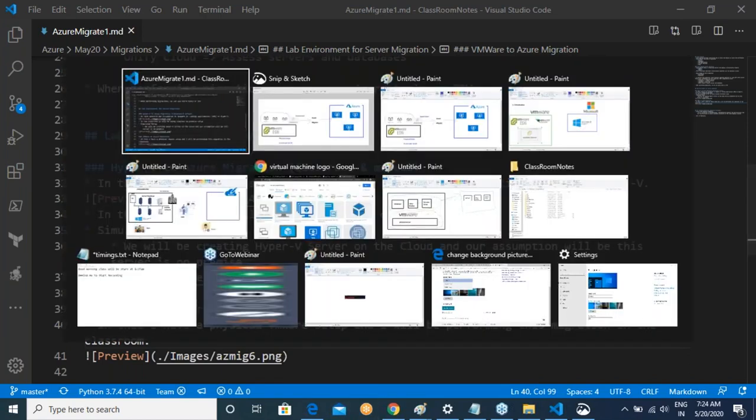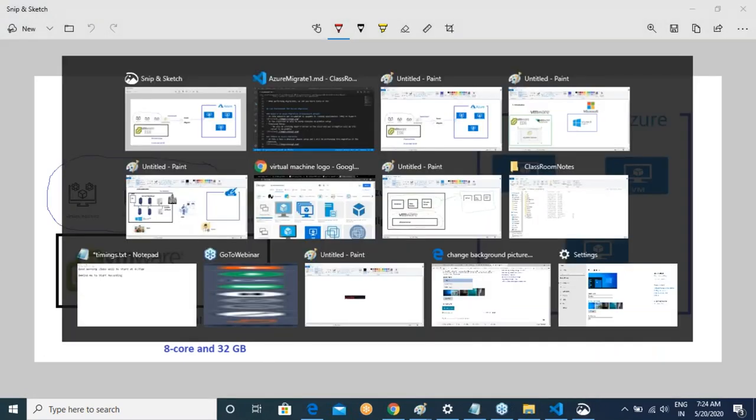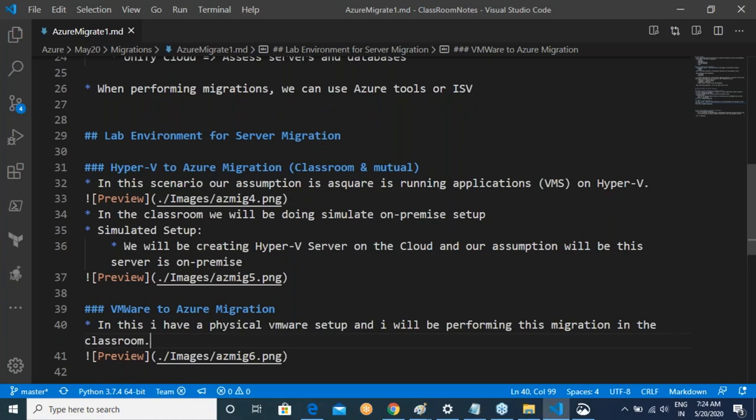The only thing that is different is the source environment. Here the source is VMware ESXi; in the earlier case, it was Microsoft Hyper-V. These two will help you in understanding the whole migration aspects of virtual machine servers.